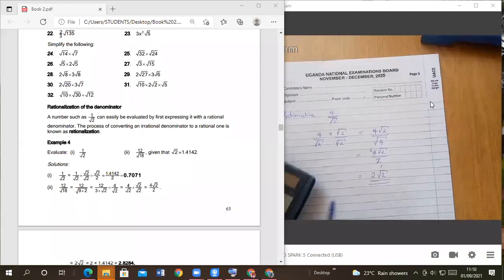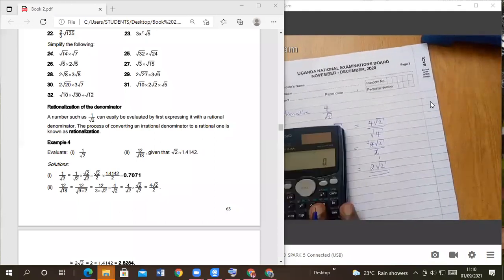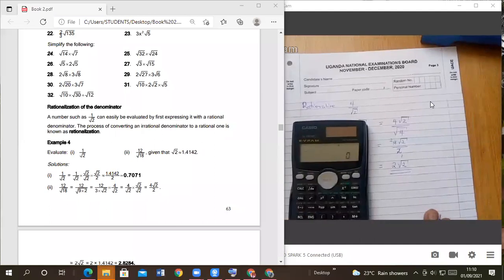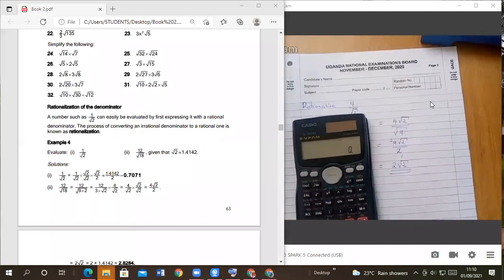I want also to prove that. Before rationalizing, the question was 12 divided by root of 18, not so? Members, that was before, right? What do we get? We get 2.82.